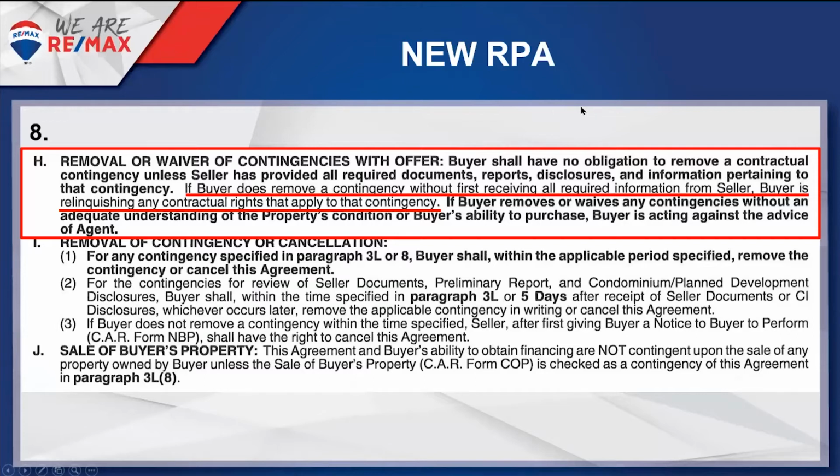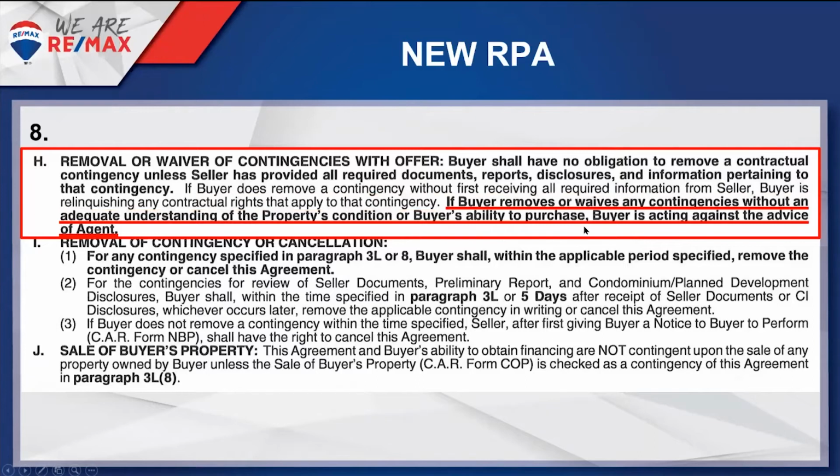Perhaps the most common is the HOA. Buyers removing HOA contingencies, they don't get it back when they get the HOA documents. So, removing a contingency and then getting information from the seller does not necessarily reestablish the contingency.